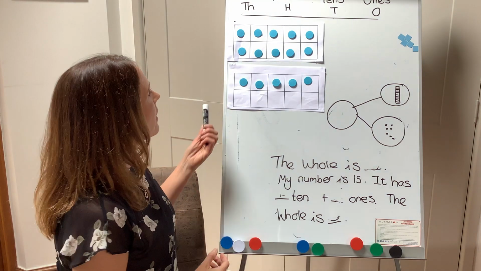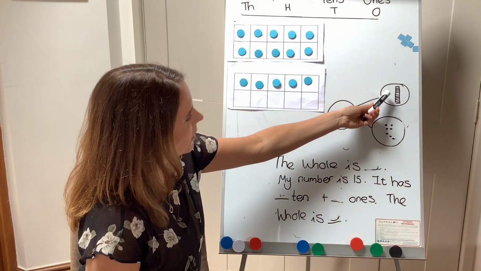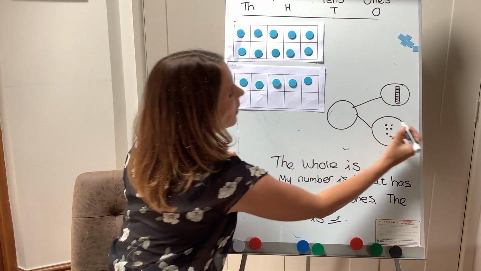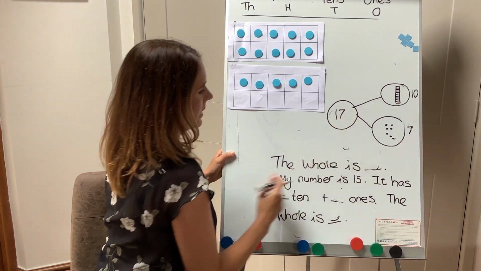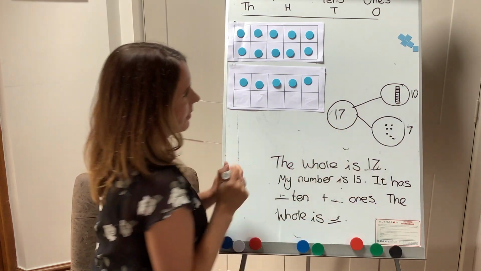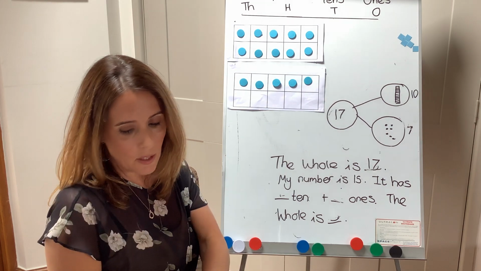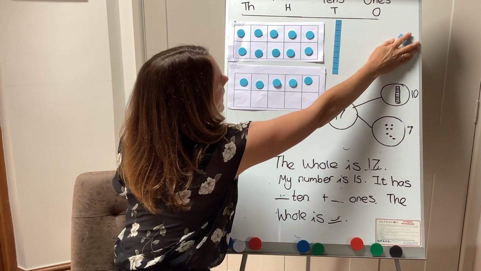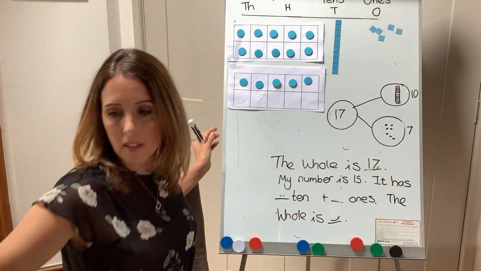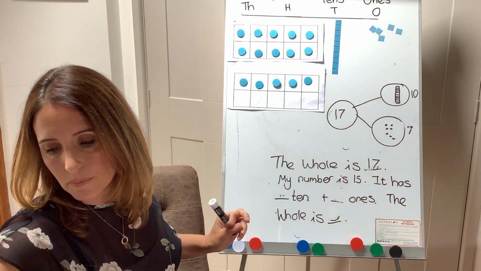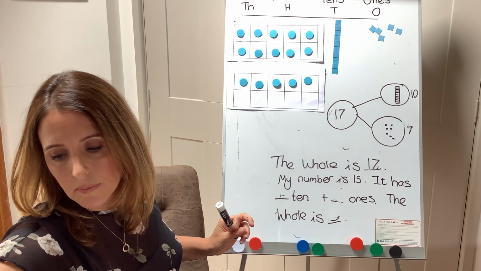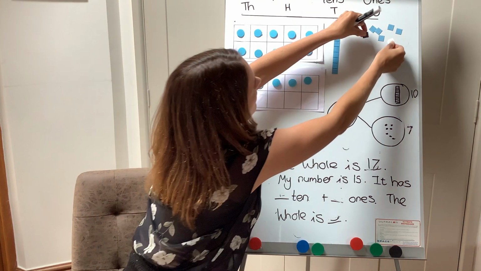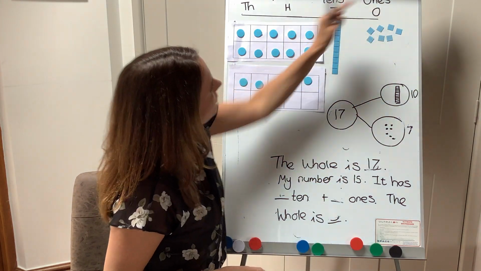Okay, so we have 1 ten and 7 ones. So that's 7 and 10. So the whole is 17. We can make that using base 10 by having 1 ten and 7 ones.